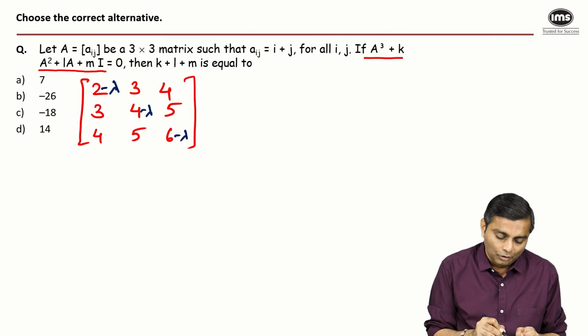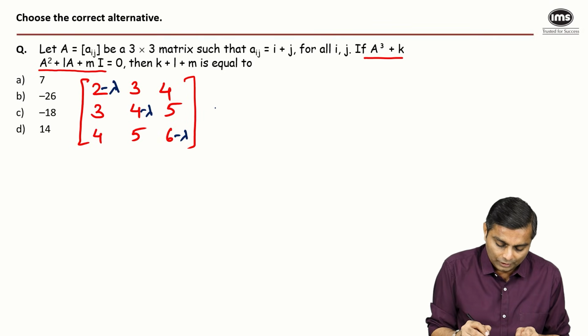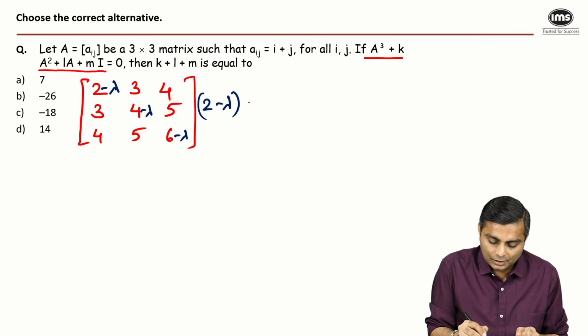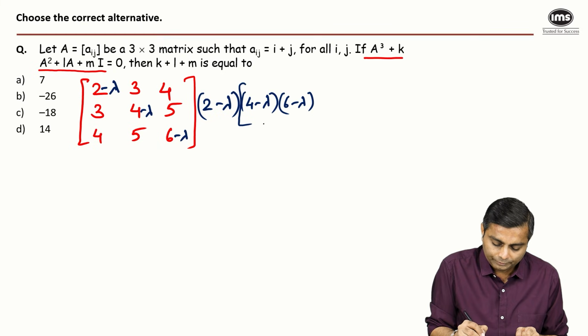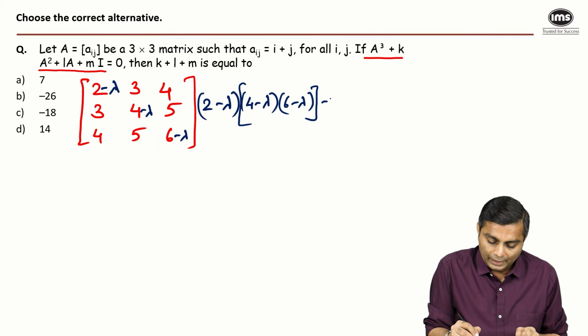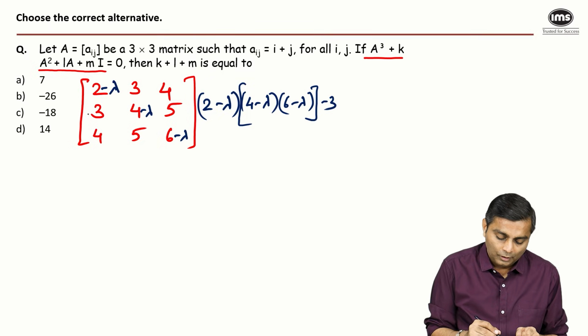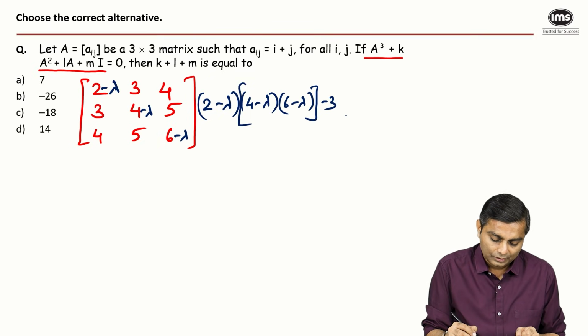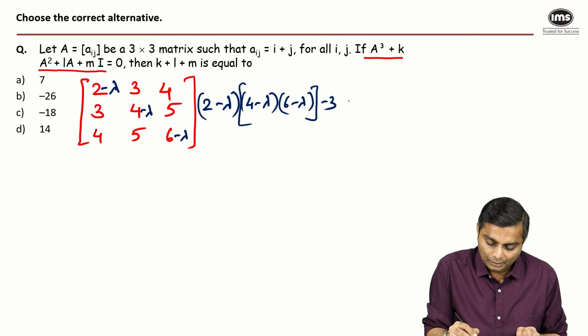So, the determinant value of this is going to be equal to what? This is going to be equal to 2 minus lambda times 4 minus lambda into 6 minus lambda, right? Minus 3 into 3 into 6 minus lambda. So, 3 into 6 is 18 minus 3 lambda.